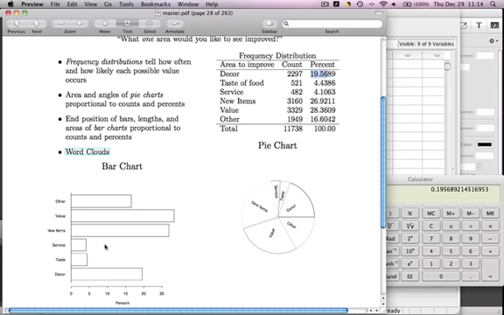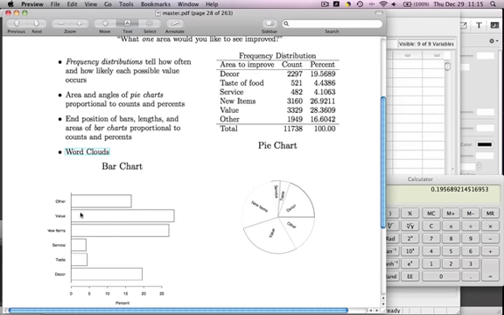Actually two more things you should know about bar charts. Bar charts always put a little bit of space between the bars. That space between the bars is a visual cue that these are categories as opposed to a continuum. We're going to look at histograms next for continuous variables, and that space between the bars has been removed. The other question that I often get about bar charts is, should you have them as a vertical bar chart or horizontal bar chart?